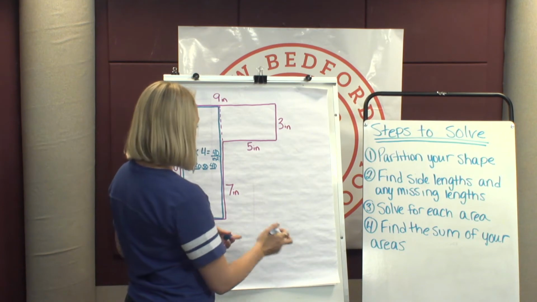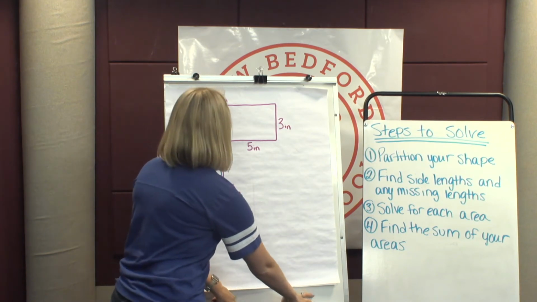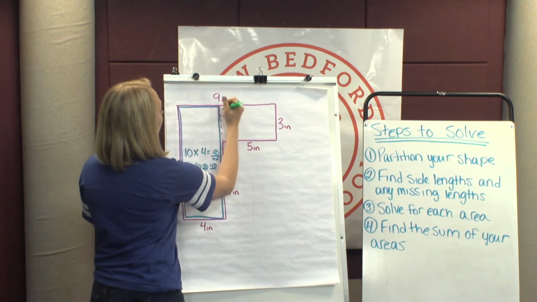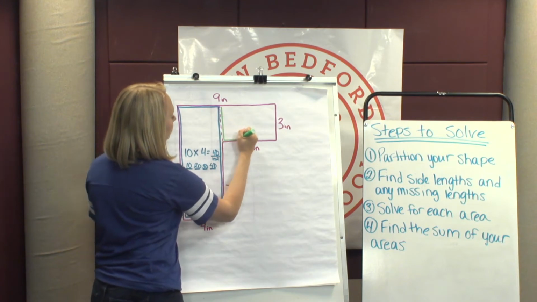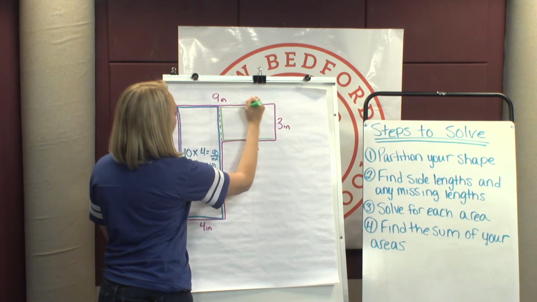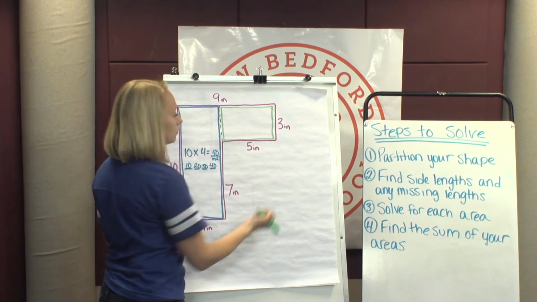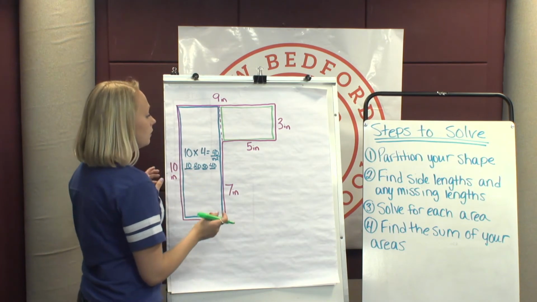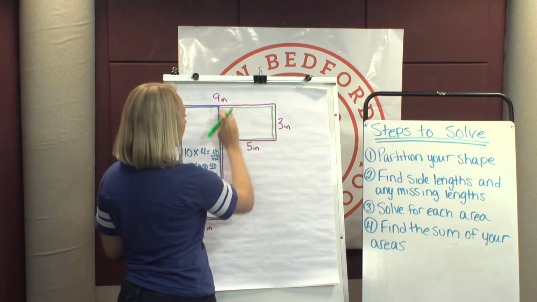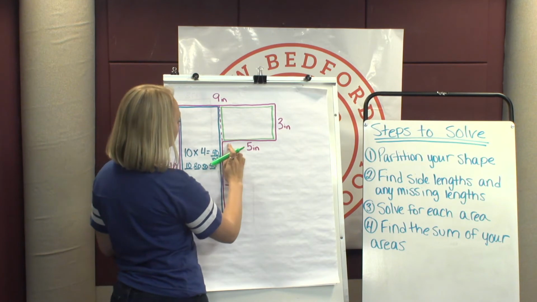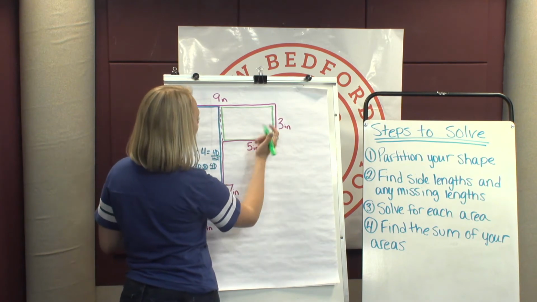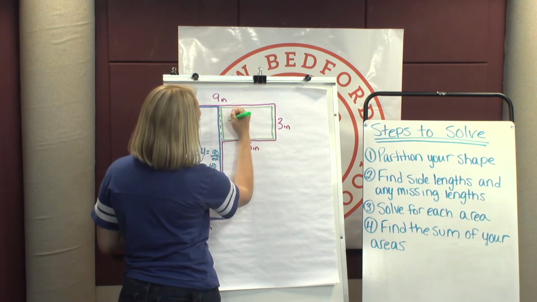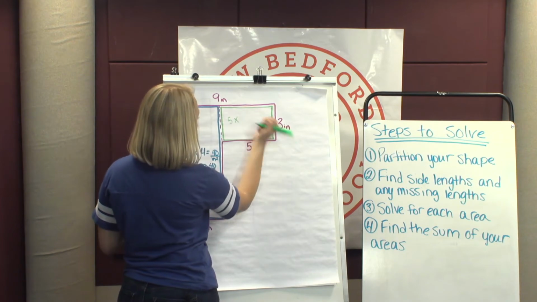Now I'm going to look at my next rectangle. I see my shape is right here. I'm going to see if I need any of my missing side lengths. I have a whole side, which is 5 inches.